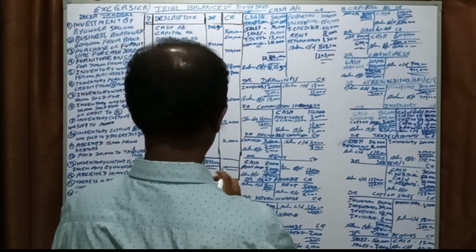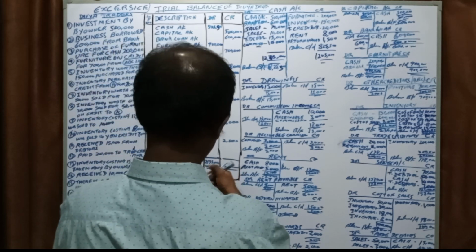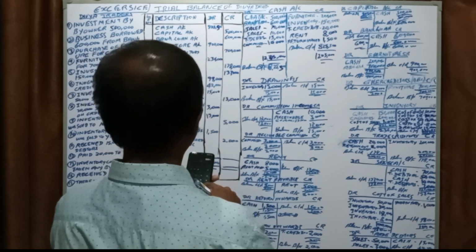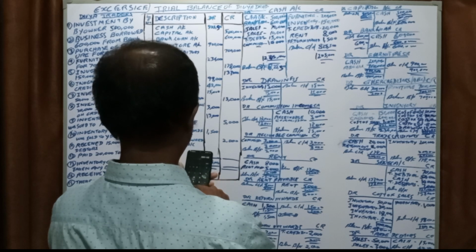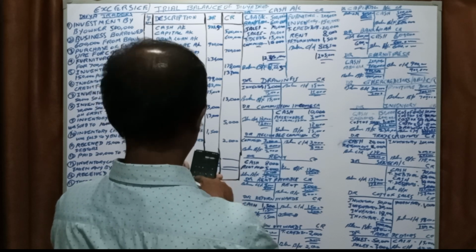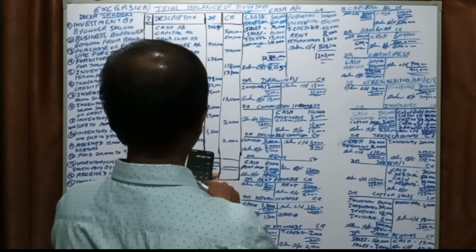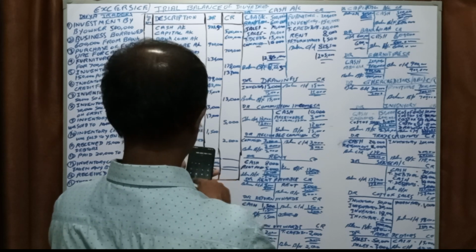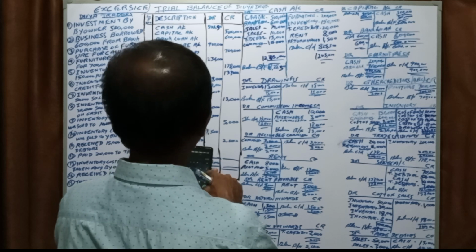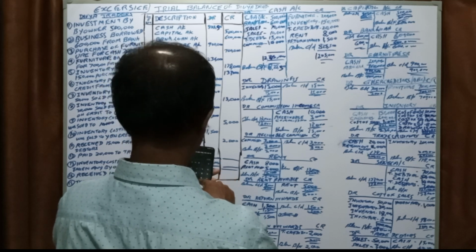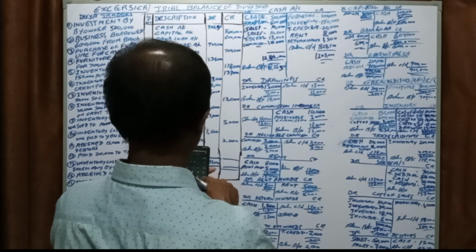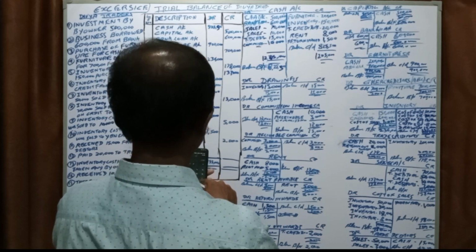The other side is 500,000 plus 600,000 plus 700,000 plus 178,000 plus 137,000 plus 13,000 plus 5,000 plus 2,000.